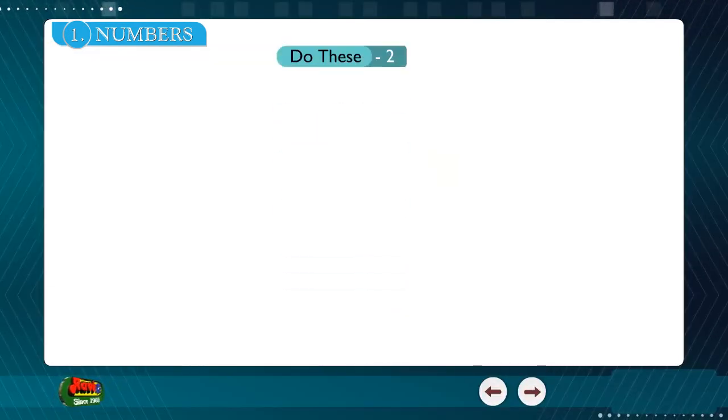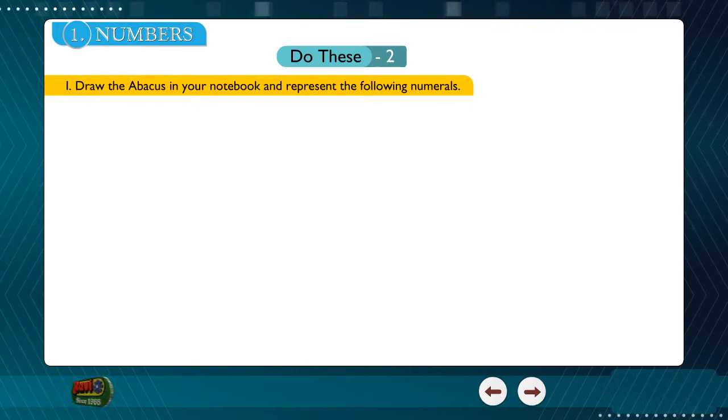Do these two. 1. Draw the abacus in your notebook and represent the following numerals.